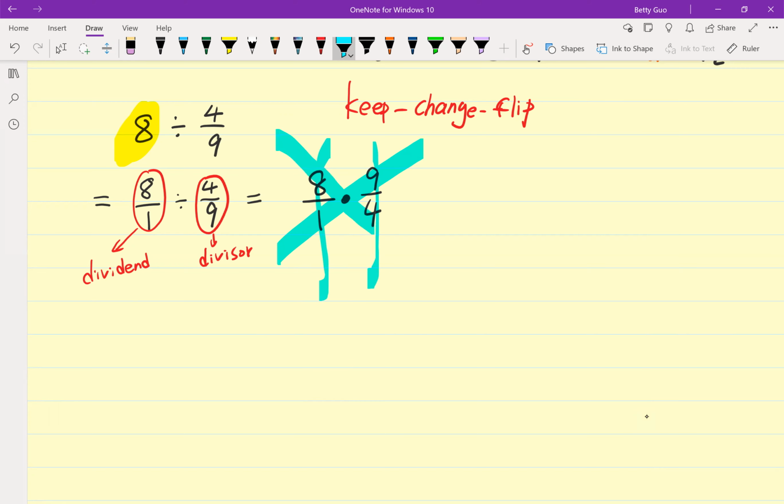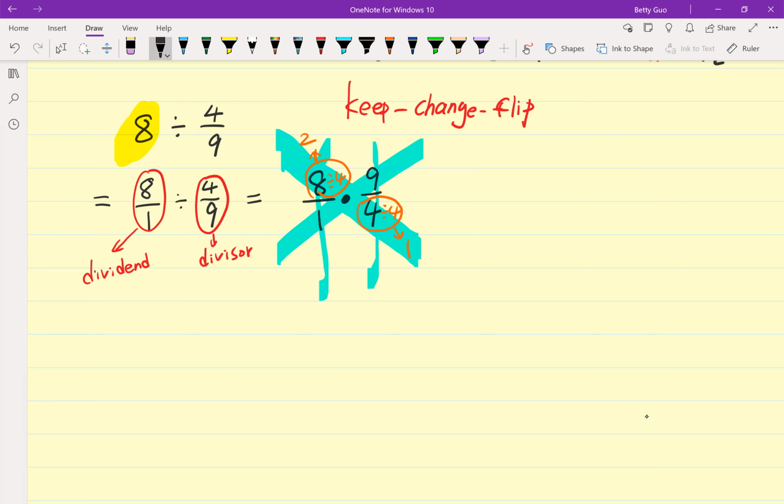The other direction, look, 8 and 4. Do we have anything to reduce here? 8 and 4. Yes. What's the GCF? 4. Yeah, so that's the reason we learned GCF and LCM before, right? To prepare for this. So we divide 4 by 4, 4 becomes 1. And then we divide 8 by 4, 8 becomes 2.